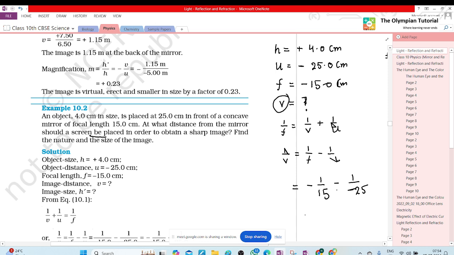Ma'am, it'll become 1 by minus 15 plus 1 by minus 25. Minus times minus, plus 1 by 25. Now we will take the LCM of 15 and 25.